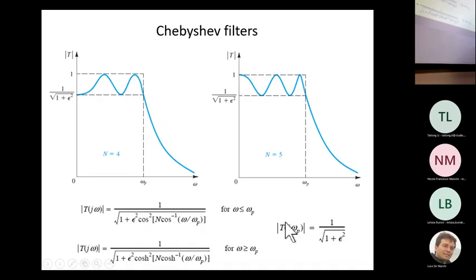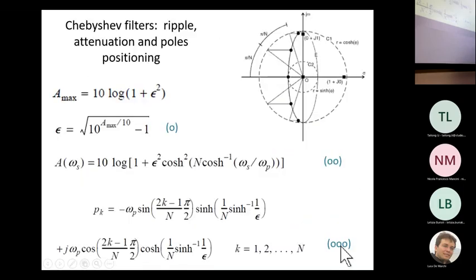The first step is related to the analysis of the maximum oscillation in the passband region, which is related to the parameter epsilon. Pretty much like we have seen for the Butterworth case, the first step in the Chebyshev filter design is the setting of this parameter epsilon.